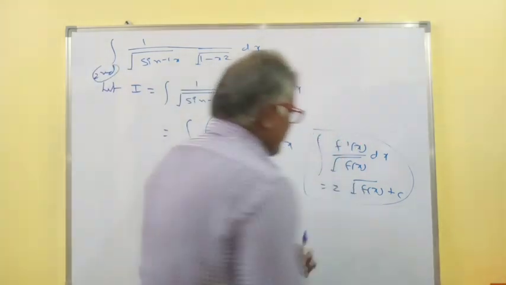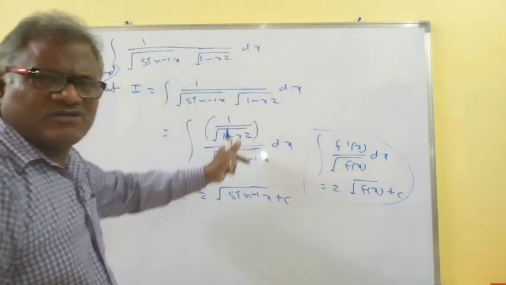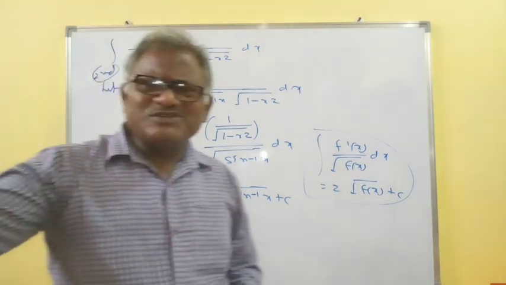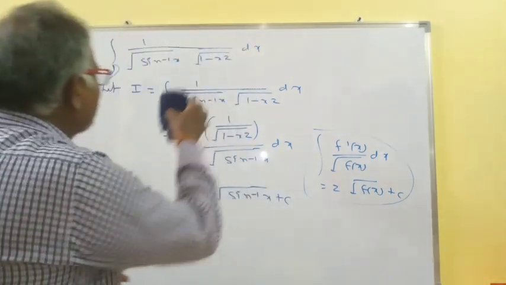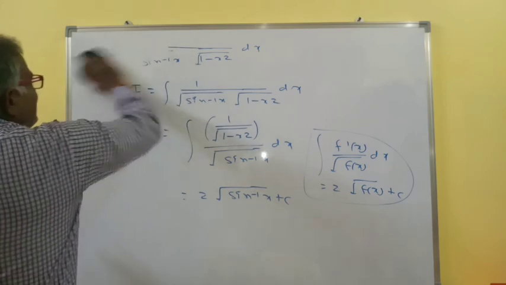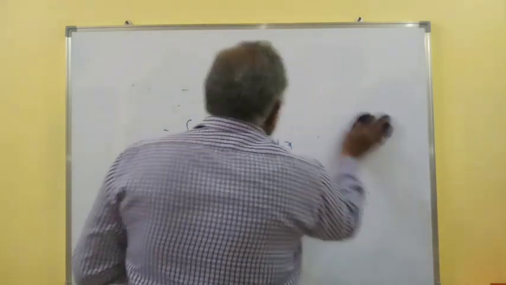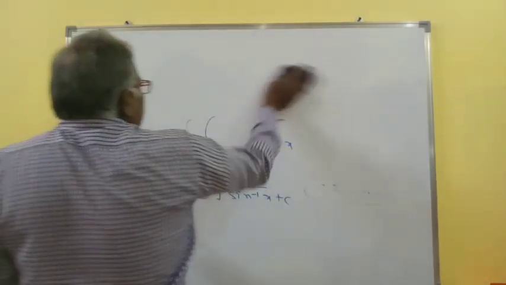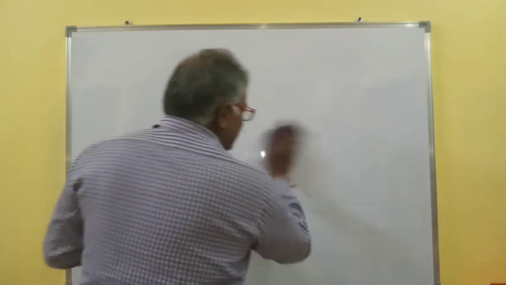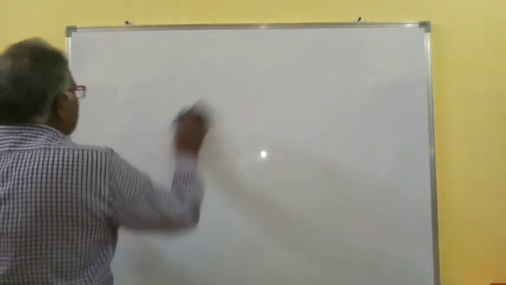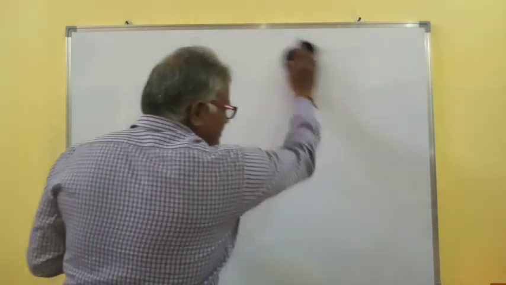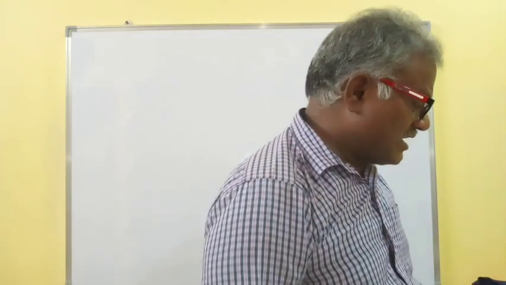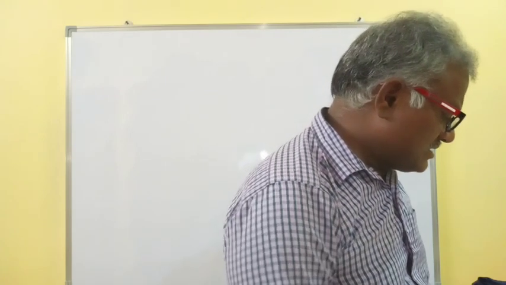If you know the formula directly, you have to apply it, or else go through the substitution. This is the way to do it in 2 ways. But in the method of substitution, remember one thing: which function is to be put as t. That is the difficult task. After finding that, very easily you can evaluate.